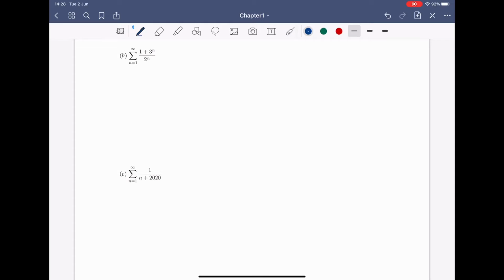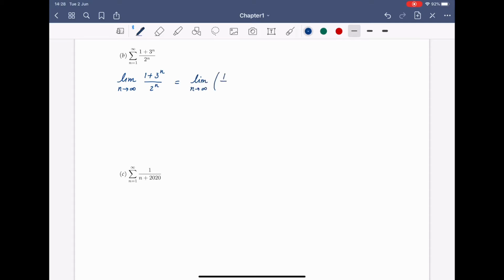Let's start by computing the limit of 1 plus 3 to the n over 2 to the n as n goes to infinity, and hope that this limit is not equal to 0, so we can conclude that the series is divergent. First of all, I'm going to split this into 2 pieces.